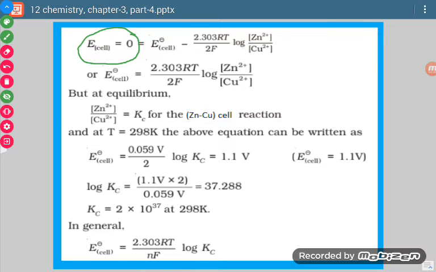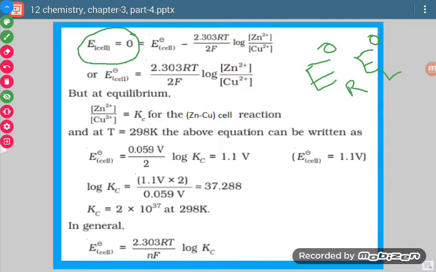Now which value is to be put as 0, E cell or E naught cell? Here you must not get confused. When we say E naught, it means standard conditions, and under standard conditions our right electrode will have some definite value, and our left electrode will also have some definite value.